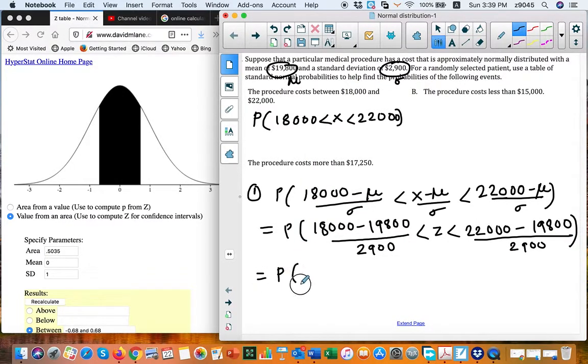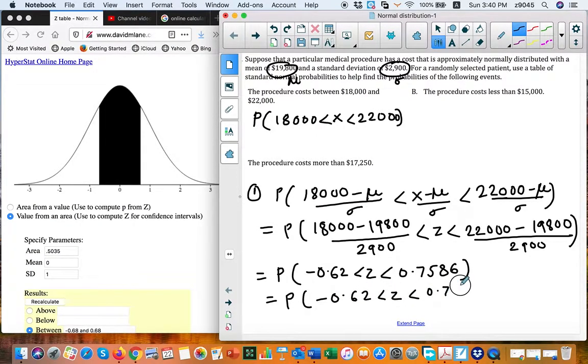That is equal to the probability of minus 0.62 less than z less than 0.7586. I can also write it as minus 0.62 less than z less than 0.76.